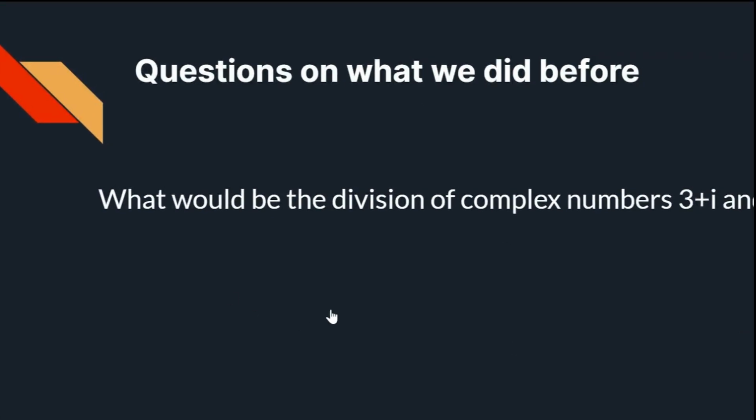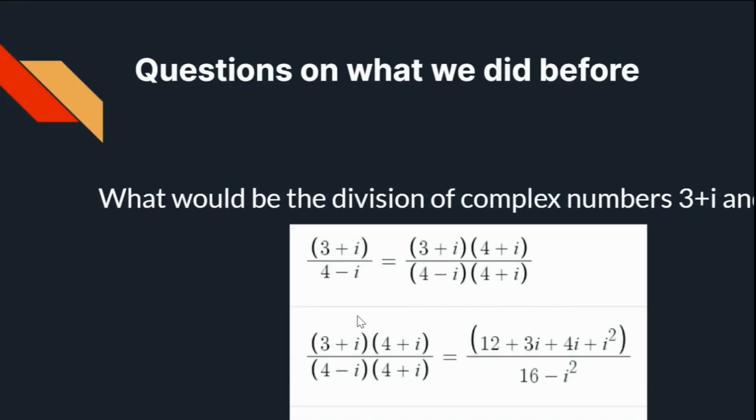In this question, we multiply and divide by the conjugate of the number, which we talked about. The conjugate of a complex number is the number in which the imaginary part is of the opposite sign. So for 4 minus iota, the conjugate is 4 plus iota.